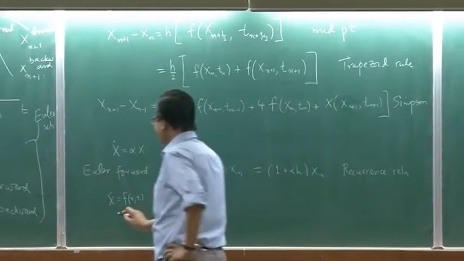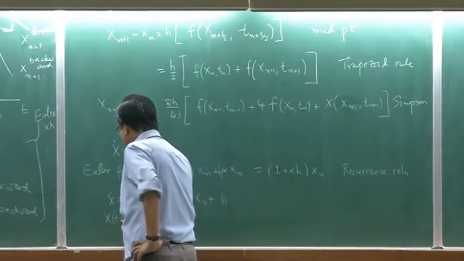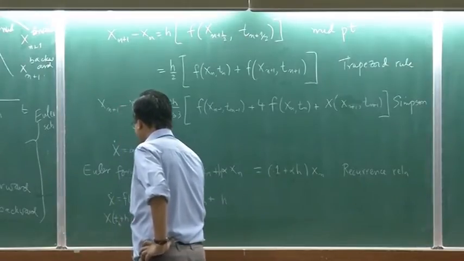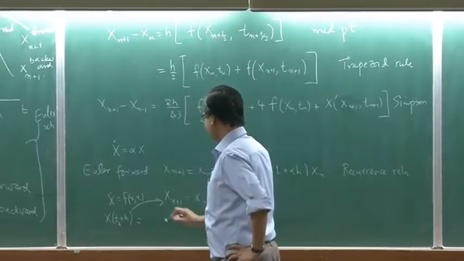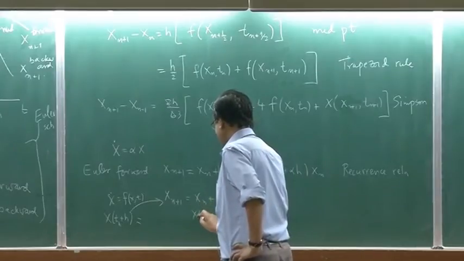So I am writing this as x is my function. So x(t_n plus h), that is x_{n+1}, will be x(t).